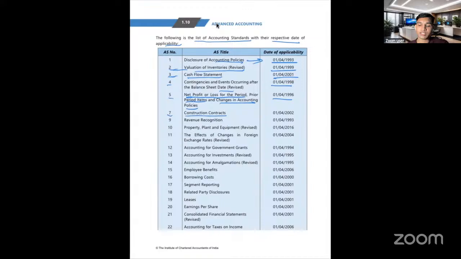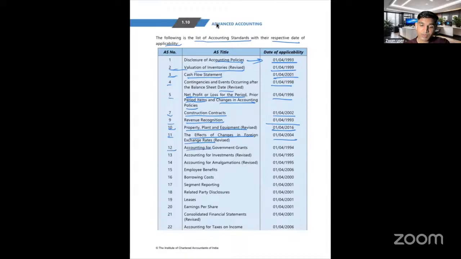AS7, construction contracts, comes into effect on 1st April 2002. AS9, revenue recognition, comes into play on 1st April 1993. AS10, property plant and equipment, comes on 1st April 2016, whereas AS11, the effects of changes in foreign exchange rates (revised), comes into play on 1st April 2004.